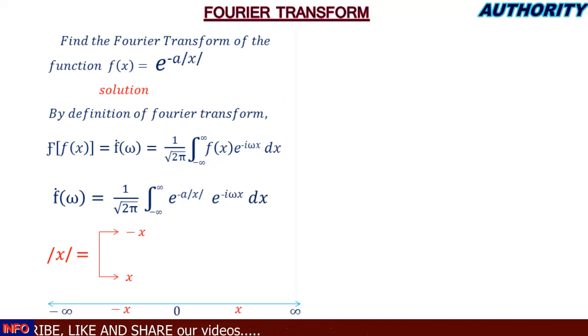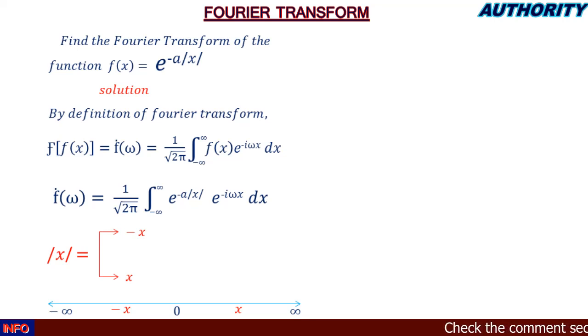Now look at this number line. We have from negative infinity to positive infinity, and then at the center we have 0. So the absolute value of x can assume two values, right? From negative infinity to 0, you are going to find negative x. And from 0 to positive infinity, you are going to find positive numbers.